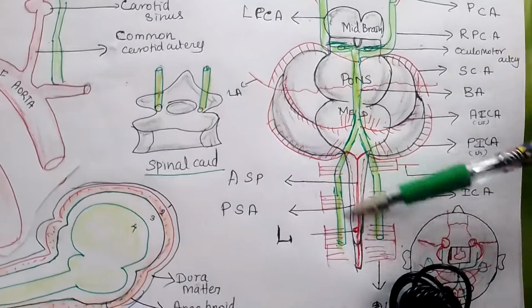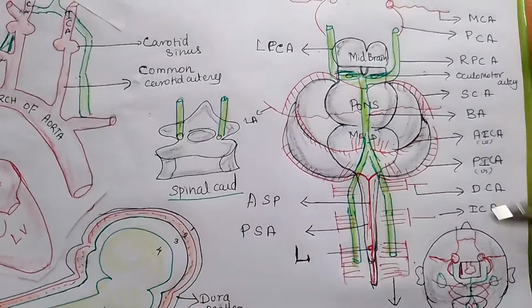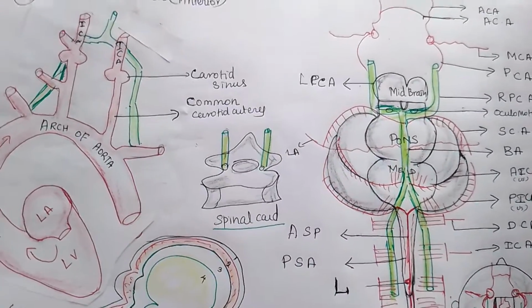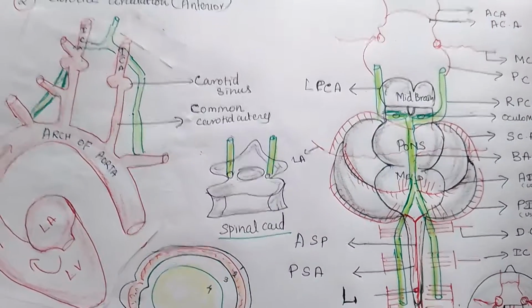From the foramen magnum, it reaches the subarachnoid space. So actually, this circle of Willis is floating in the subarachnoid space.